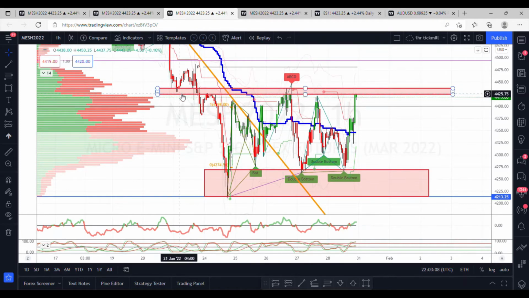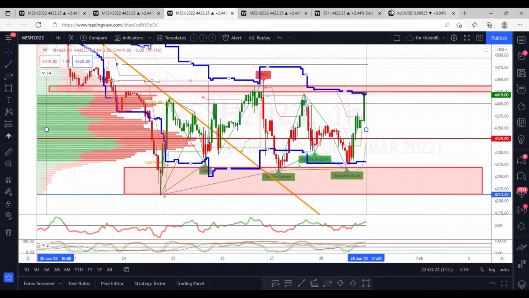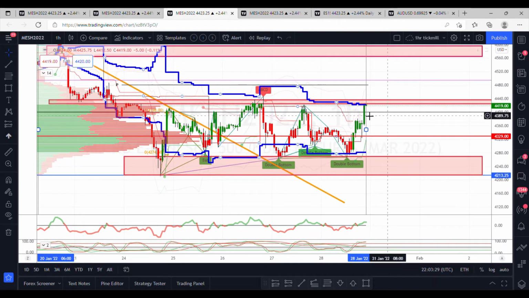So price, obviously you got support, support, support, support, and then you turn into resistance, resistance, resistance, resistance, didn't touch, and then resistance. So again on here, based on the fact that we've looked at the hour, we've looked at the 4 hour, now we're on the daily, there's a very, very good chance that we could be looking at retesting these lower lows again.